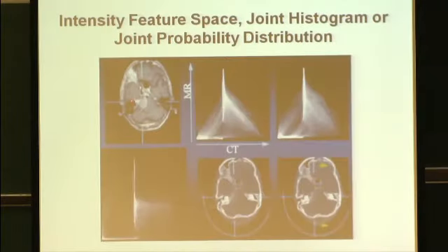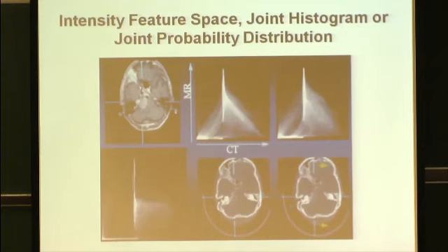So here we see an MR and a CT of the same patient. If we plot each pixel as a pair on a graph, and we look at the joint histogram of their occurrence, what you might expect to see is that if something like bone had a correspondence, if you were exactly lined up, then although we don't know what the mapping is between bone and MR, all the MR bone has one intensity value, and all the CT bone has another.